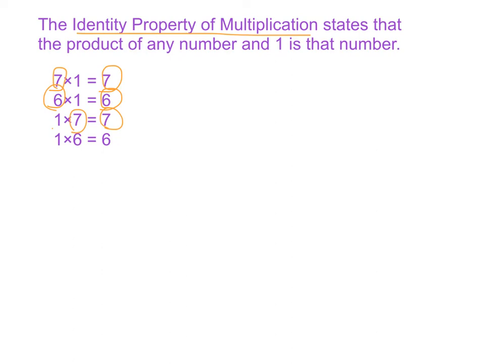Again, the product of any number and 1 is that same number. So what pattern do you see when you multiply numbers with 1 as a factor? 1 times any number is that number.